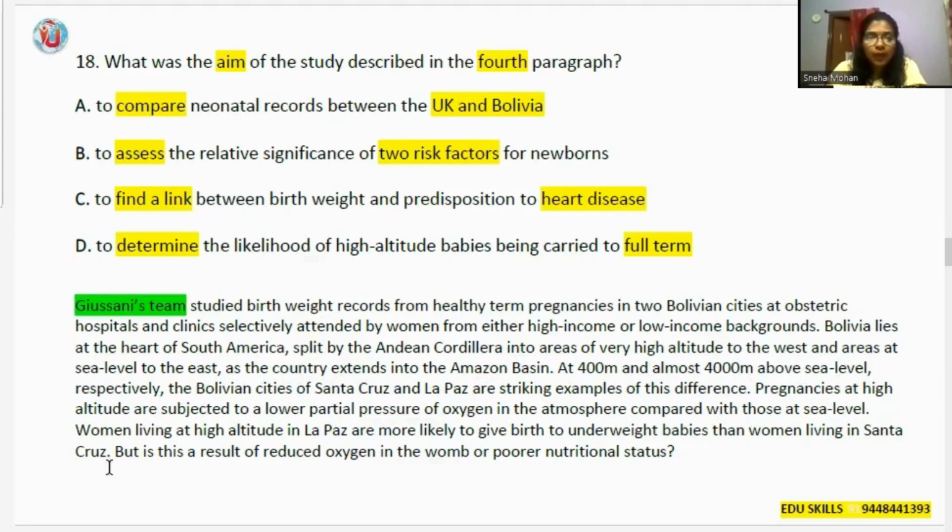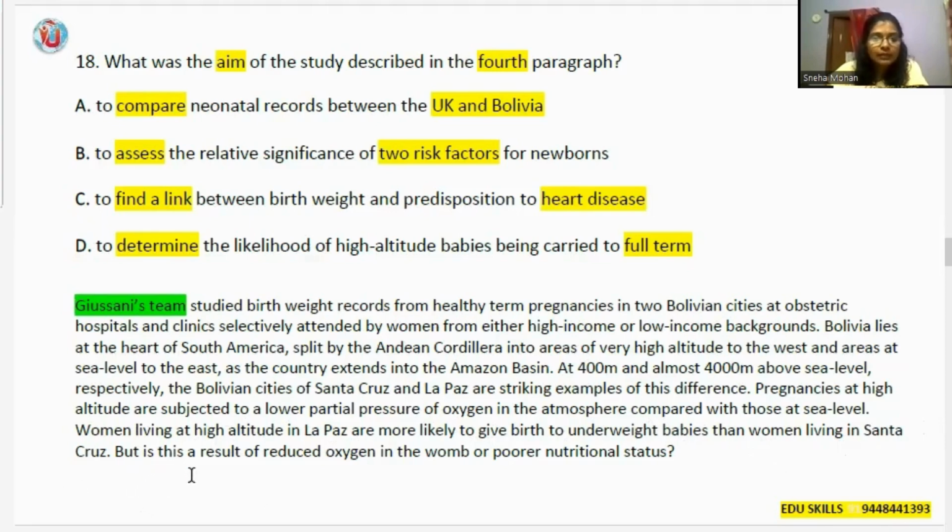Pregnancies at high altitude are subjected to a lower partial pressure of oxygen in the atmosphere compared with those at sea level. Women living at high altitude in La Paz are more likely to give birth to underweight babies than women living in Santa Cruz.